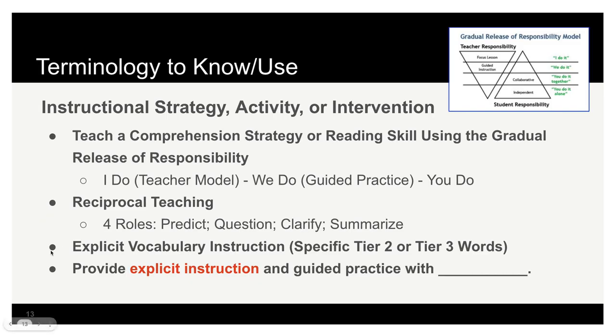You want to know how you would think about explicitly teaching vocabulary, tier 2 and tier 3 words. And then these terms here, explicit instruction, direct instruction, and guided practice. You will absolutely use those terms in whatever your response is. You're going to talk about your direct or explicit instruction and then how you're going to offer guided practice before eventually that child tries it on their own.